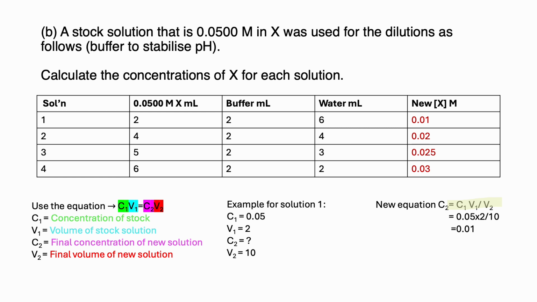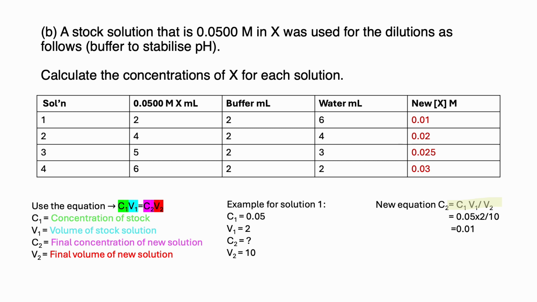So for solution 1, C1 is 0.05, which is the old concentration, V1 is how much of the 0.05 molar stock we used, C2 is what we're trying to figure out, and V2 is 10, because if we add all the volumes together, it's going to be 2 plus 2 plus 6, which gives us 10.